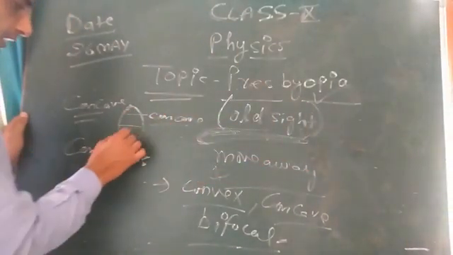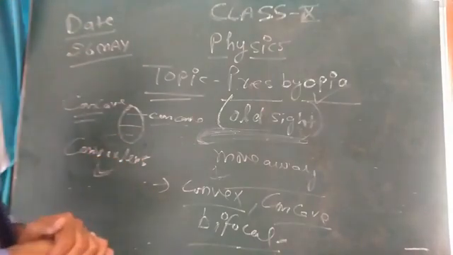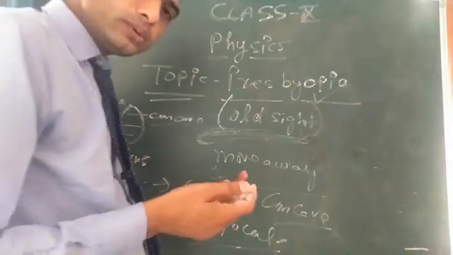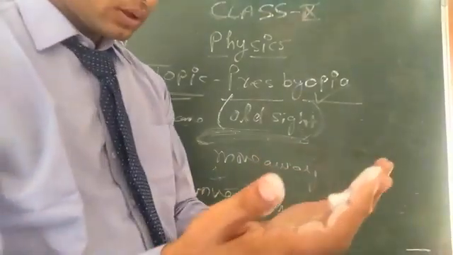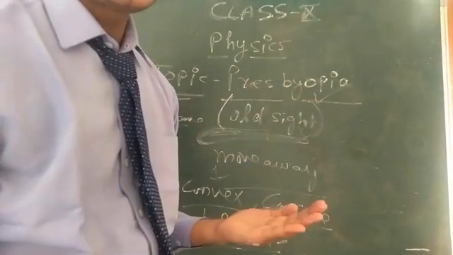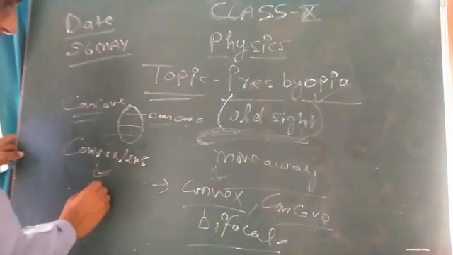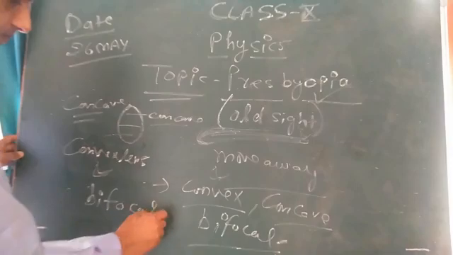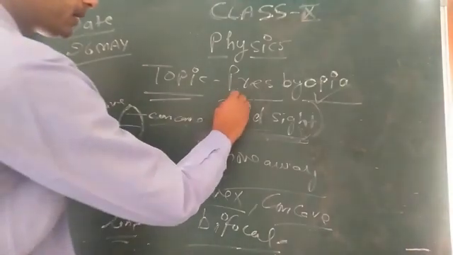So in the lower portion there is a convex lens to read a book, because when we read we take the book close to the eye, about 25 centimeters. So there is a need of a bifocal lens to remove the presbyopia defect.